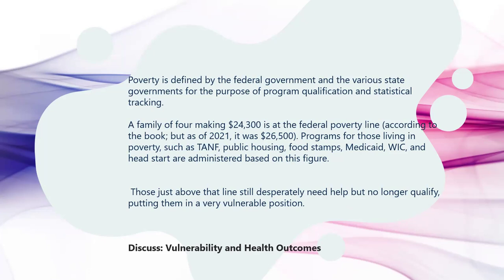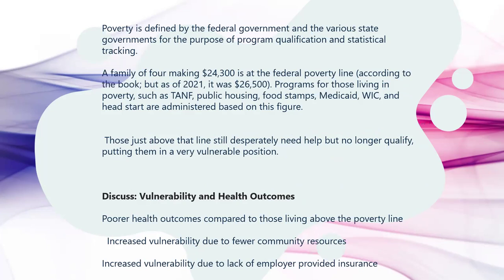Even being just above poverty causes the risk for not getting the help that they need, or if they do have health insurance, it's not able to cover the care that they need. Exactly. If you make $1 over, okay, I have to pay for this versus my food or keeping my lights on. So as a result, poor health outcomes compared to those living above the poverty line.